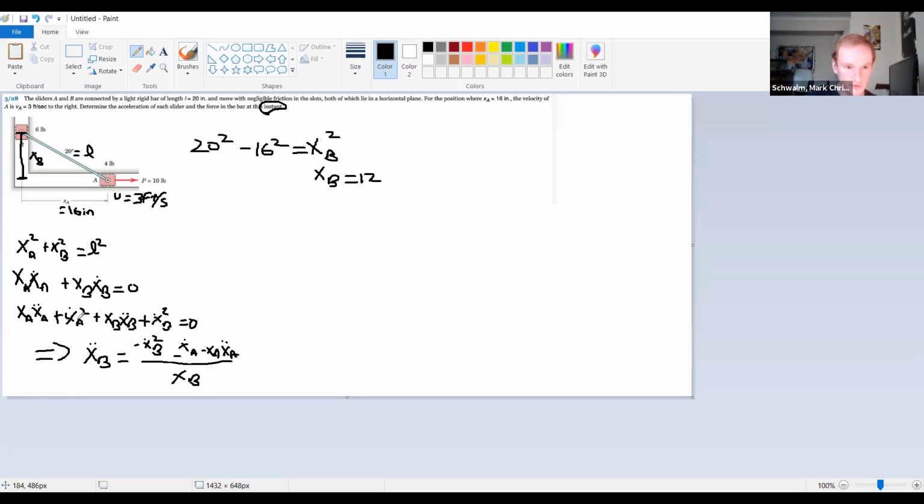We just got that from moving around these variables. And then if we plug in, we can use this velocity we got here, the 3 feet per second.